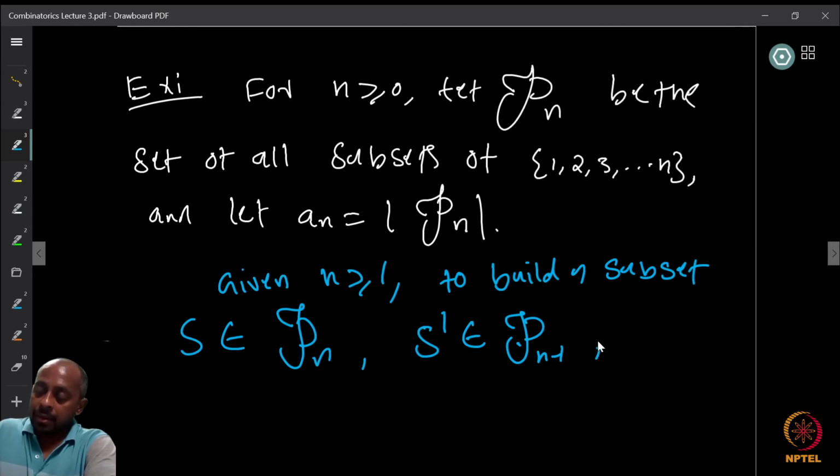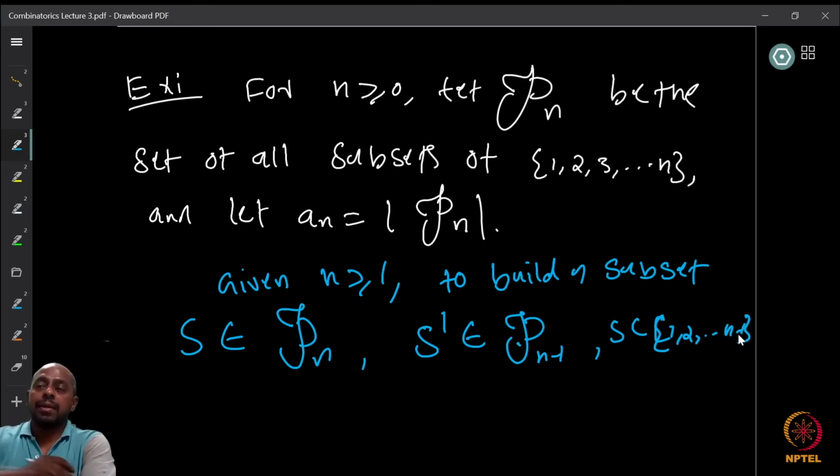So S dash is a subset of 1 to n minus 1, and then we select the element n and say, okay, now I have two choices.